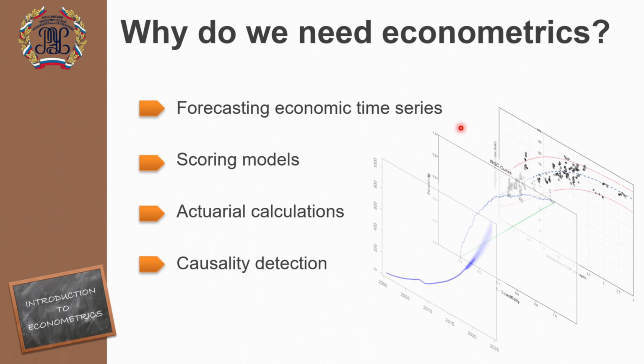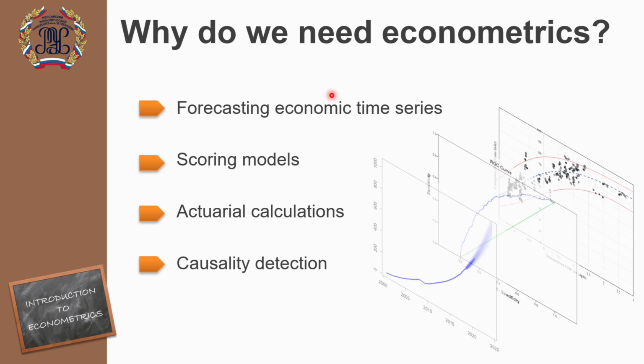Why do we need econometrics? There are four major application fields. For example, forecasting economic time series. For any government, for any state, and for any company, it's very important to forecast its key economic indicators.